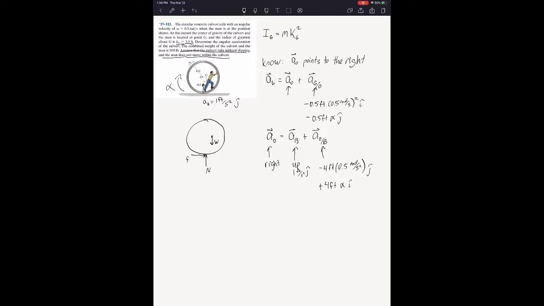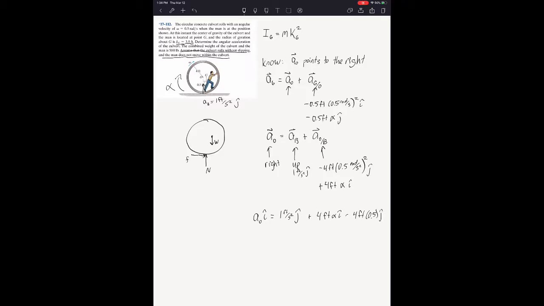So let's consider AO, which moves to the right. I'll label it like this: AO I hat equals 1 foot per second squared J hat plus 4 feet alpha I hat minus 4 feet times 0.5 squared J hat. This is R omega squared, so that omega has got to be squared, that's my mistake.